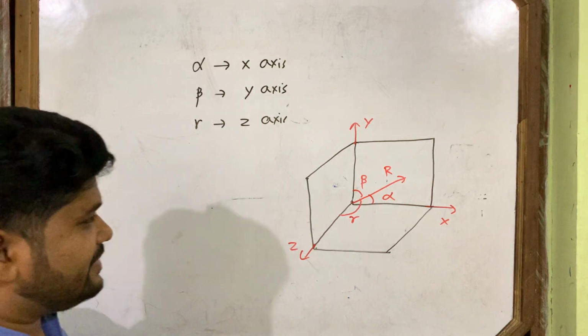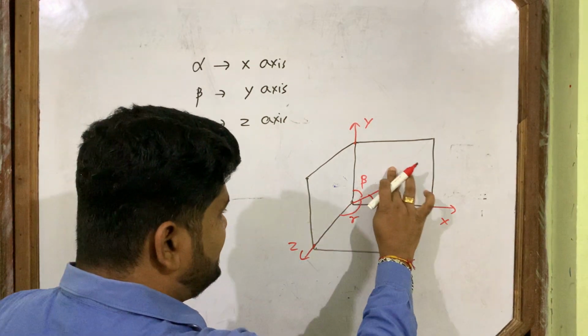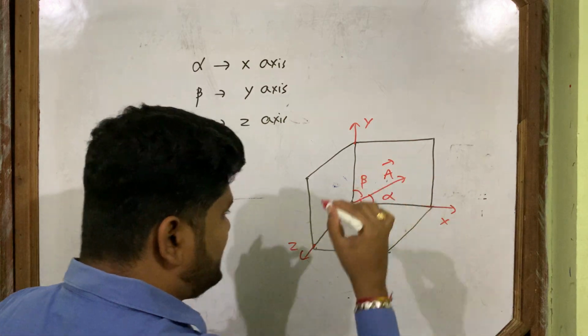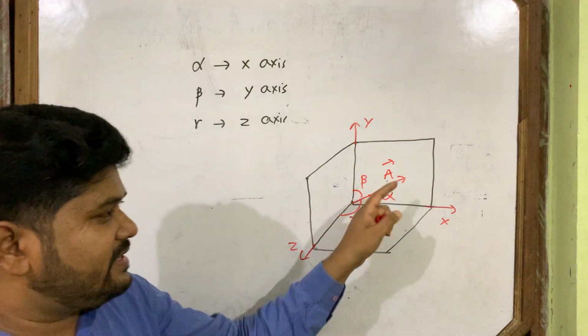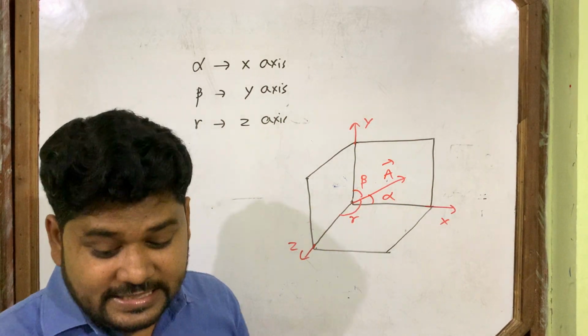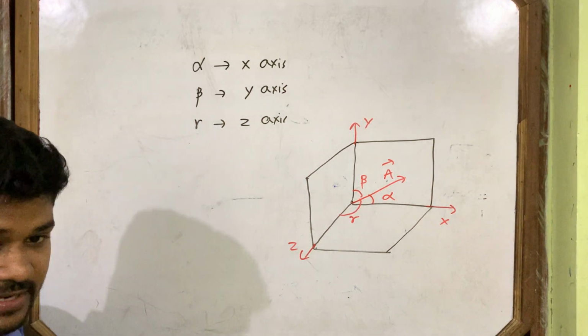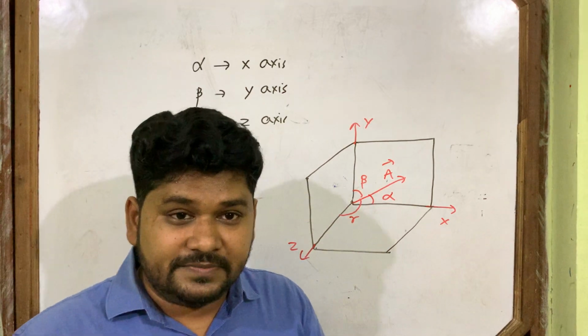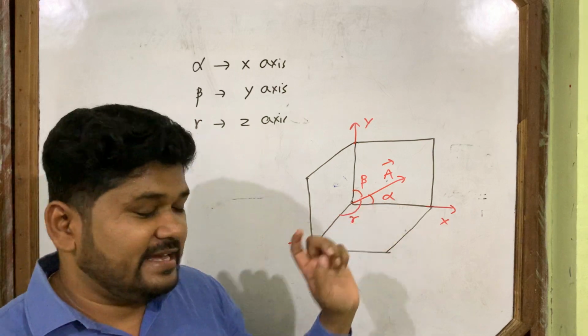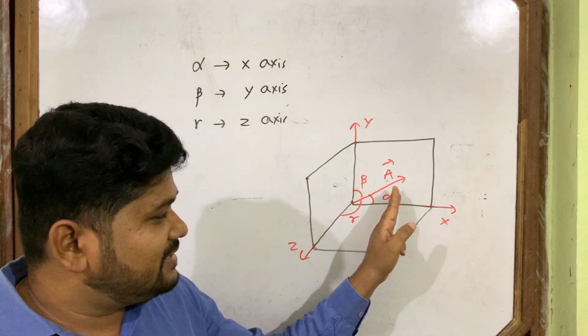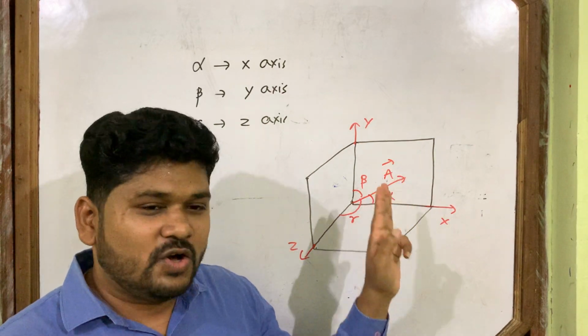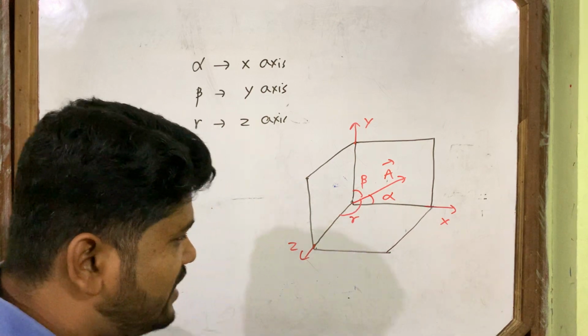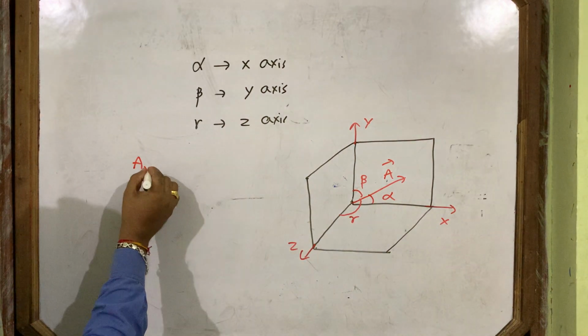Then how do I divide this vector? This is a vector, let's write A vector. How do I divide a vector into the components in 3 dimensions? I have told you just before, whichever side theta is there, that component will be A cos theta. So what will the x component be here?